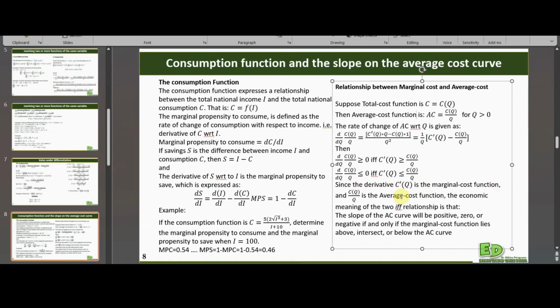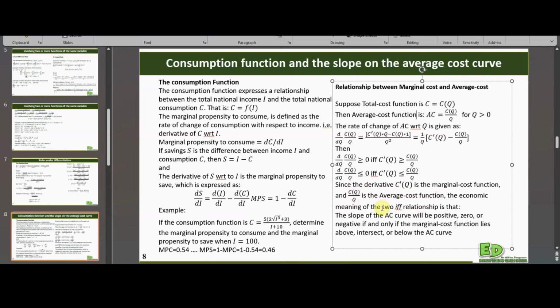And the total cost function, that's C of Q, or TC over Q, is the average cost function. So to get your marginal cost function, you simply differentiate the total cost function, and to get your average cost function, you simply divide your total cost function by quantity.